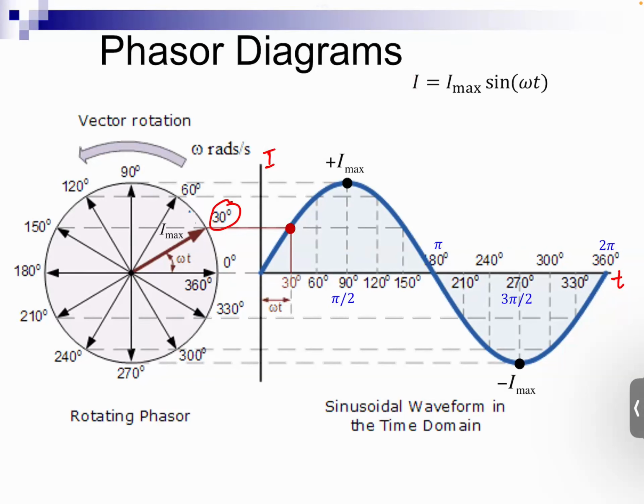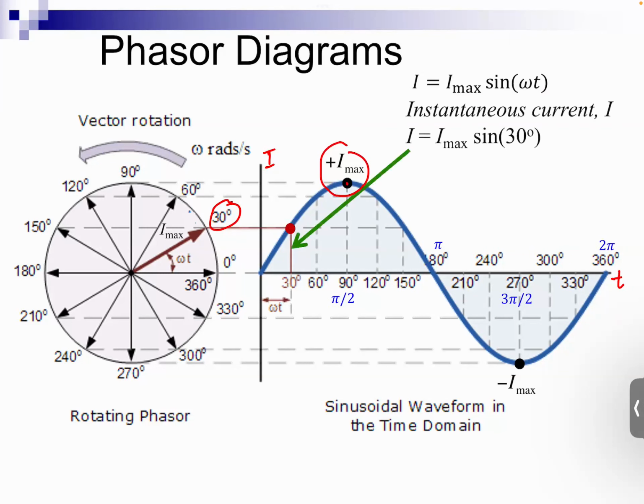So the instantaneous current is given by this equation, I max sine omega t. Then your omega t will be equal to 30 degrees. I max, of course, is this maximum value, whatever that maximum value is, and sine 30 degrees will give you this current here. The instantaneous current will, of course, be this one, because your y-axis gives you the current.